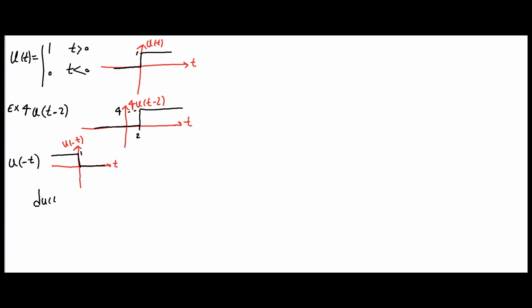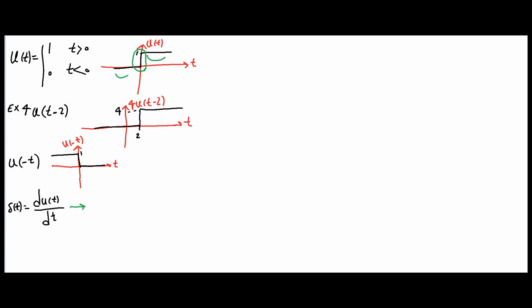Another point is that the derivative of the unit step is equal to the unit impulse. If you pay attention, the unit step has constant values, so if we take its derivative, it will be 0. And only at 0 do we have a jump.